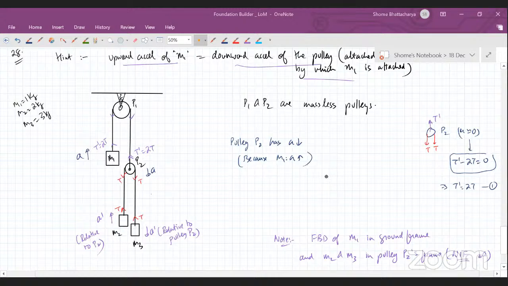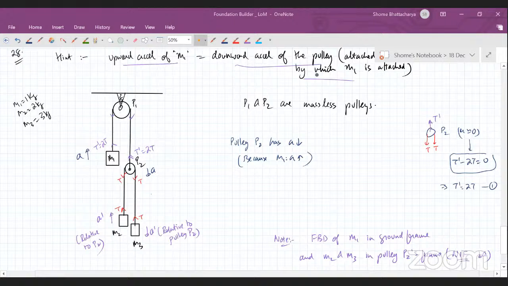Okay, good. So I'll just give you a hint for 32. You can try it out in the meantime. I will be coming to that question. In 32, you have to use the constraint relation, no? Because there's a system of pulleys. So if the block 2m is coming down with some velocity or acceleration, the block m, which is on the inclined plane, will be going up the inclined plane with double the acceleration or double the velocity.